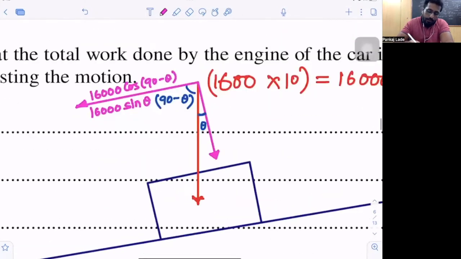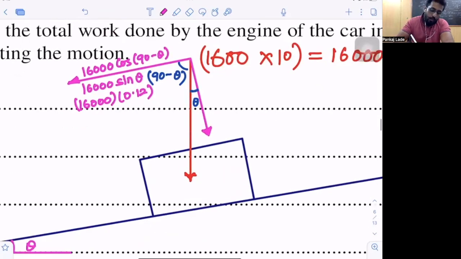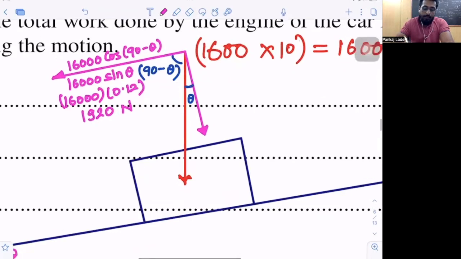So this is 16,000 into 0.12. So I'm quickly going to get this value. 16,000 multiplied with 0.12 is 1920. So this value has come to 1920 newtons, right?